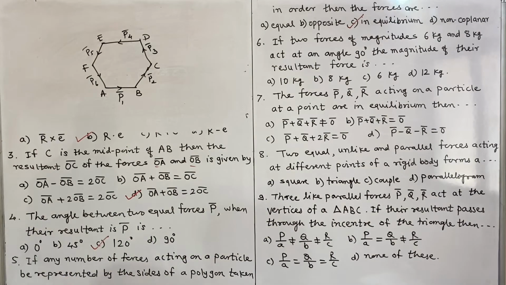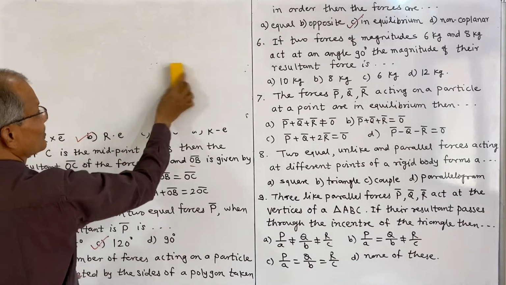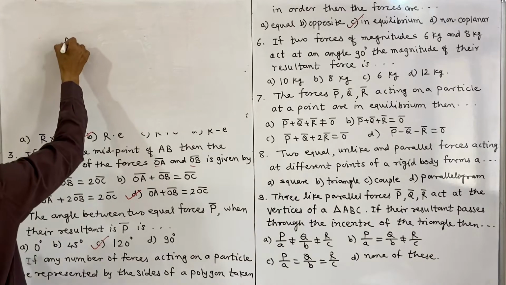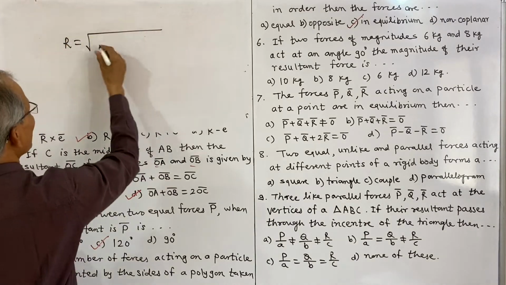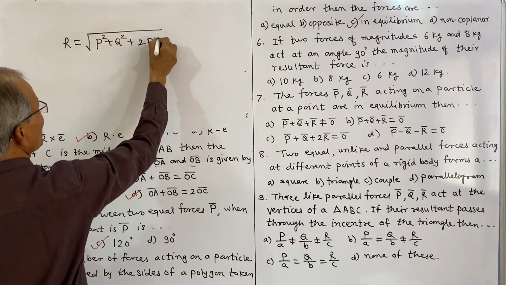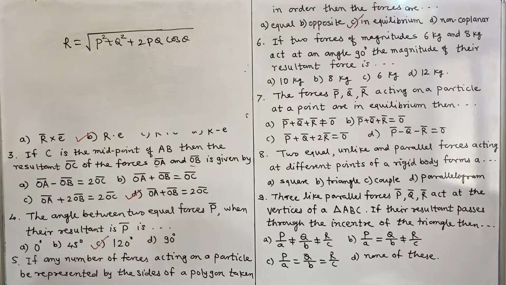Next is: if two forces of magnitude 6 kg and 8 kg act at an angle of 90 degrees, what is the magnitude of their resultant? We can use the earlier formula: the magnitude of the resultant is given by under root of P square plus Q square plus 2PQ cos theta. And here the values of P and Q are 6 and 8.